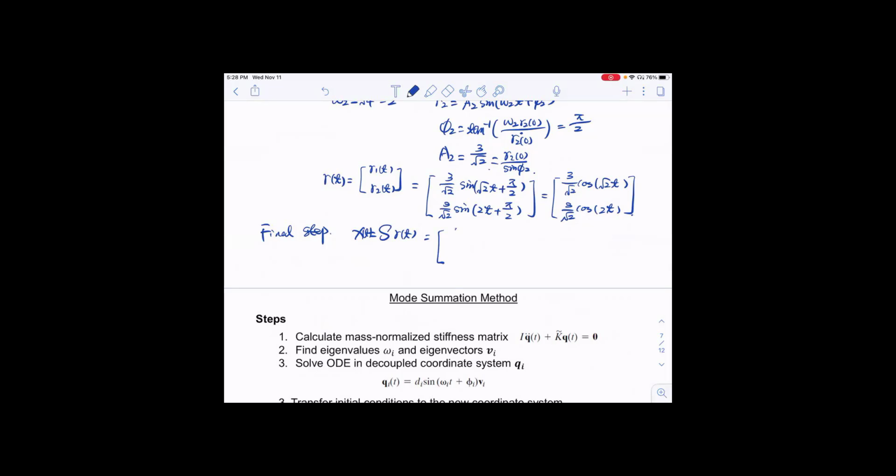Your S is 1 over 3, 1 over 3, 1 minus 1, with 1 over square root of 2. Your R(t) is just square root of 2 cosine. And then you can multiply this and get the final solution.